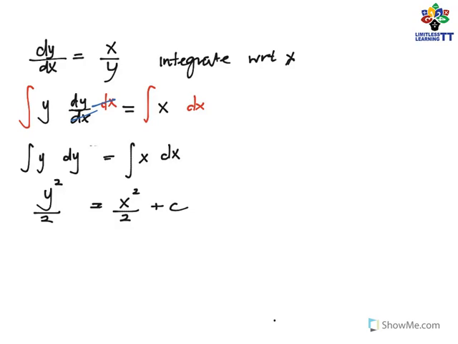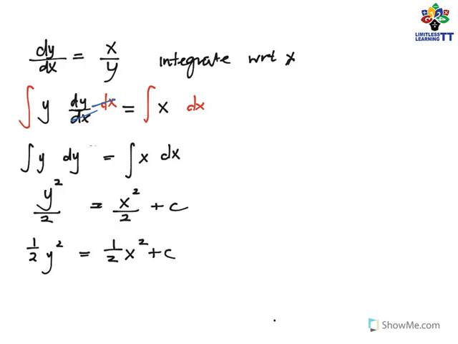Right? And then you can multiply everything by 2, or you can just leave it at this. So you can either say y squared is equal to x squared plus 2c, or you can just leave it like this, as in leave it as 1/2 y squared is equal to 1/2 x squared plus c.